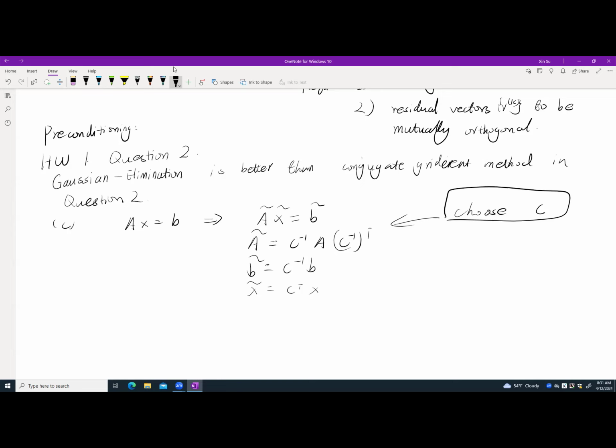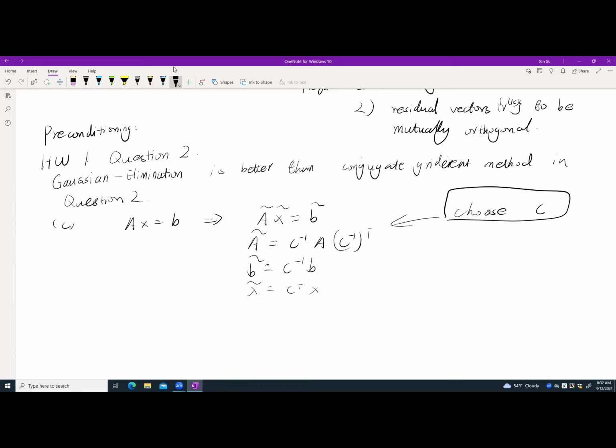But why is Gaussian elimination better than the conjugate gradient method here in question 2? That's because if you take a look at the condition number of that A system in homework 1, I guess, this is my guess, I haven't checked it yet, I guess the condition number of the A matrix is not good.